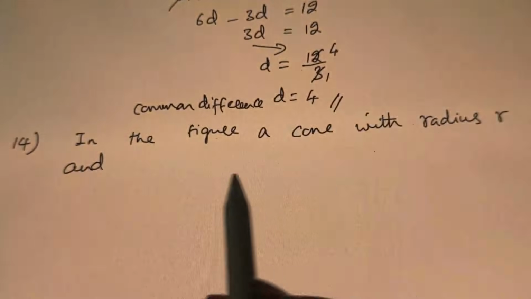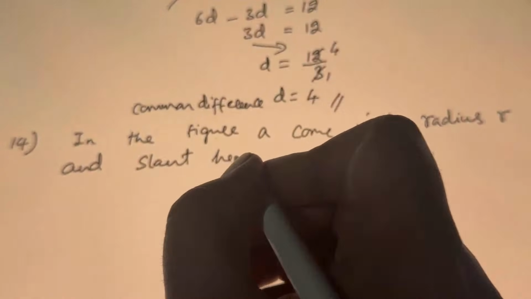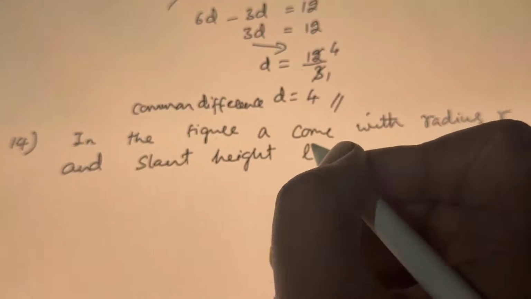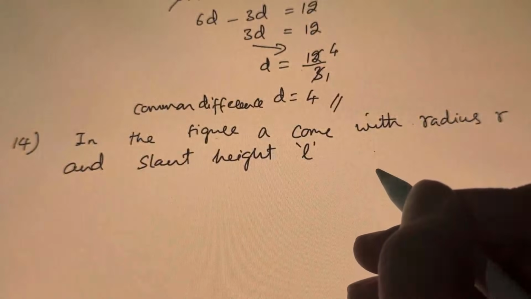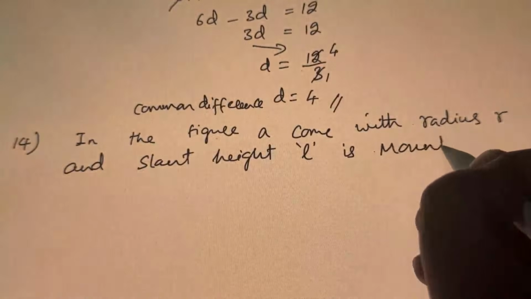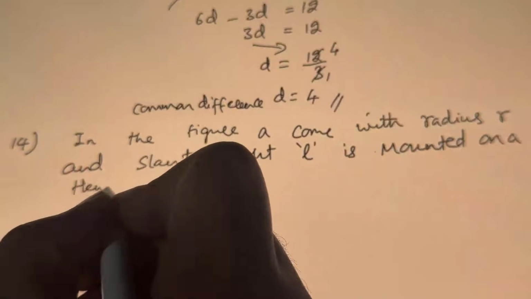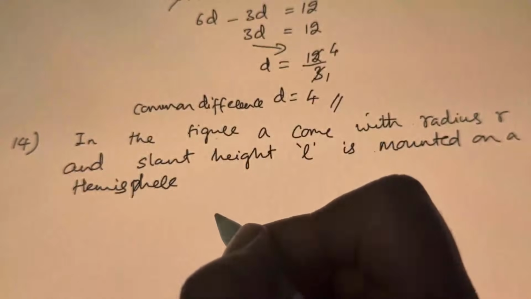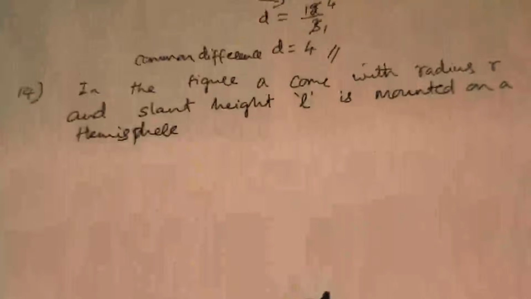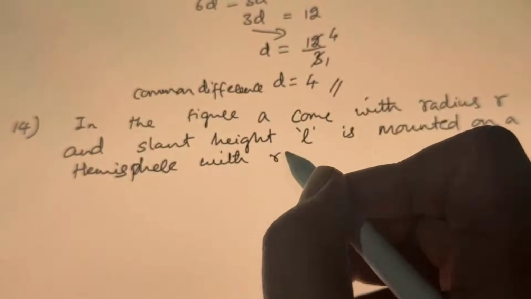In the figure, a cone with radius r and slant height L is mounted on a hemisphere with radius r.